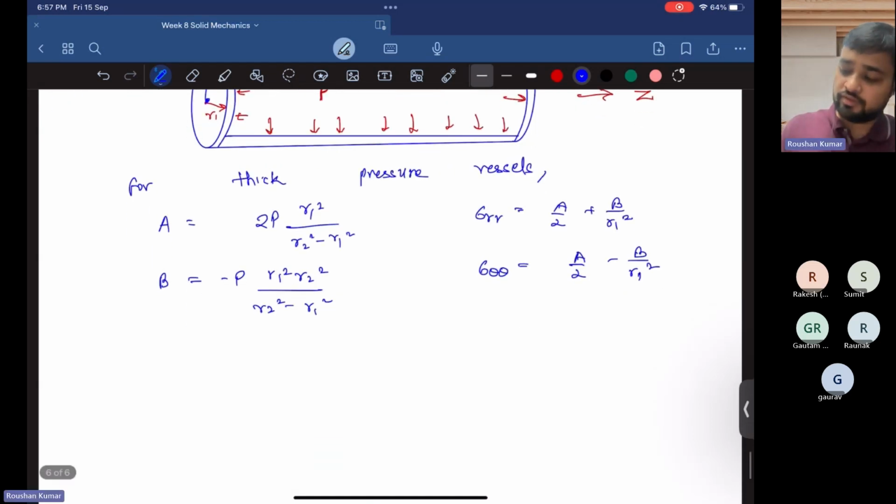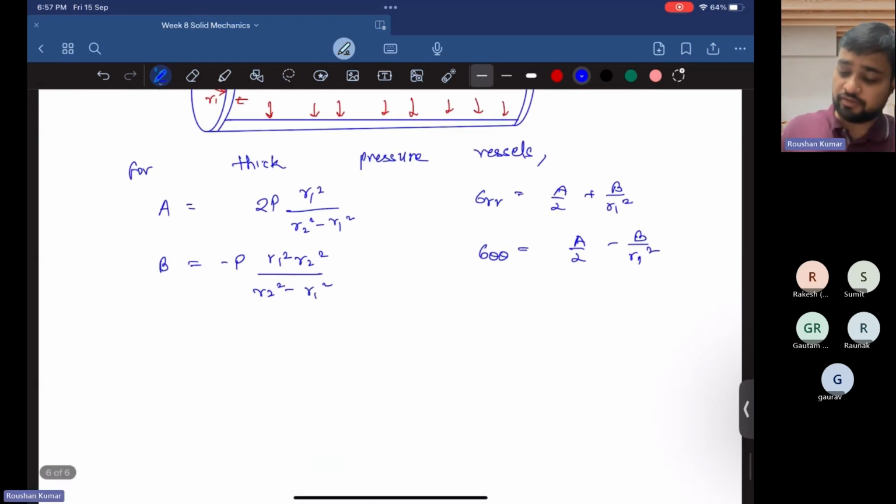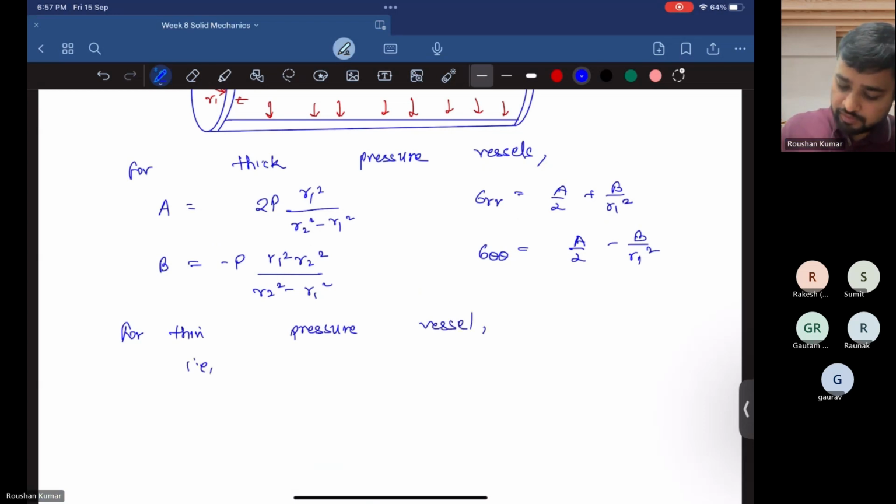Now if we reduce it to a thin pressure vessel, R2 is approximately equal to R1, and T is given by R2 minus R1.